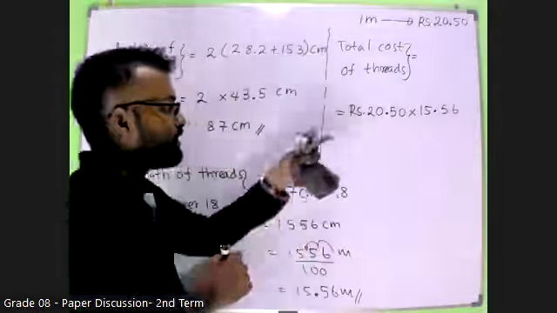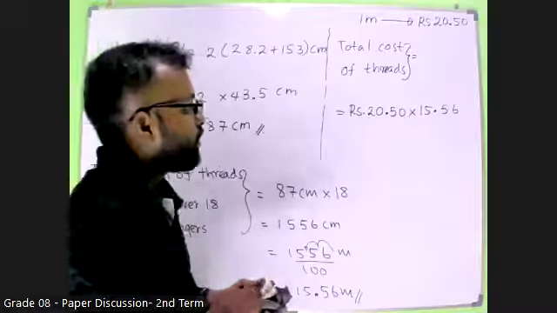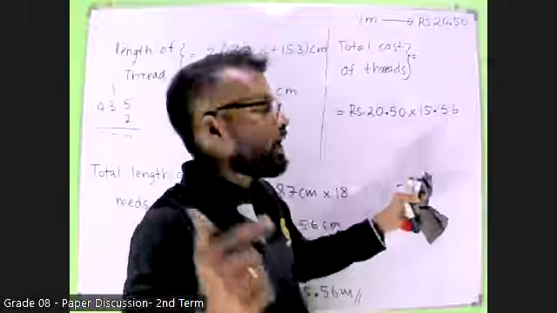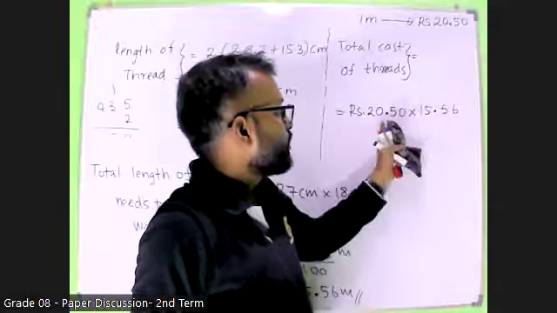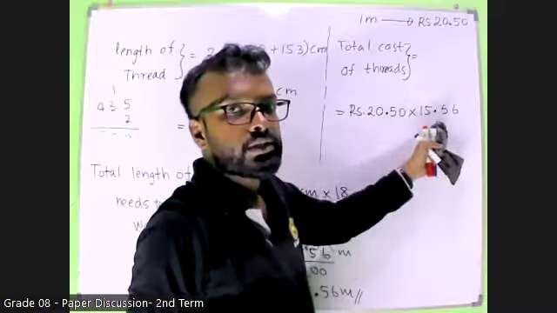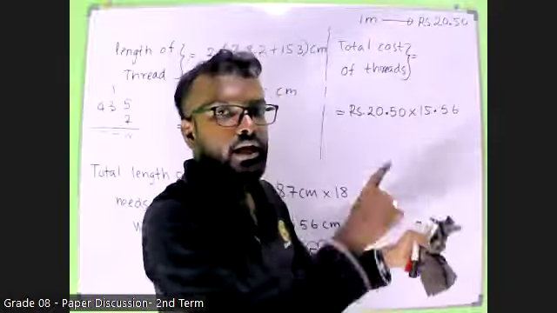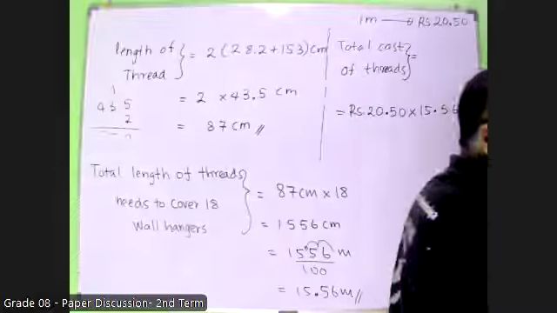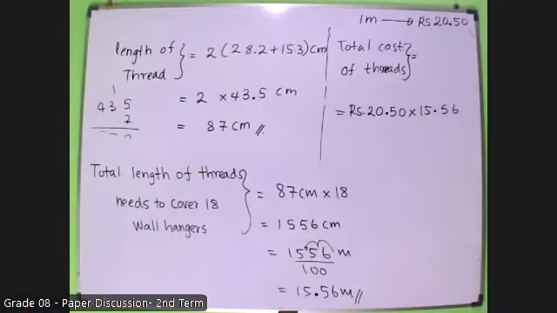Right? So this is the thing. You know how to multiply decimal numbers, right? We have done it. Forget the decimal places, do the multiplication, and then finally allocate the number of decimal places. So let's do this.